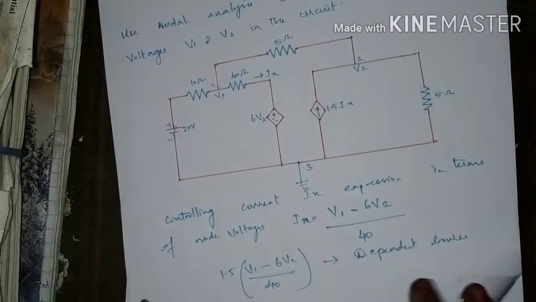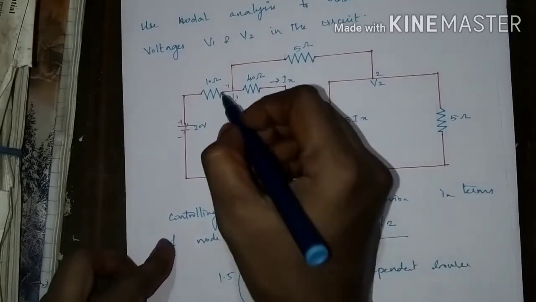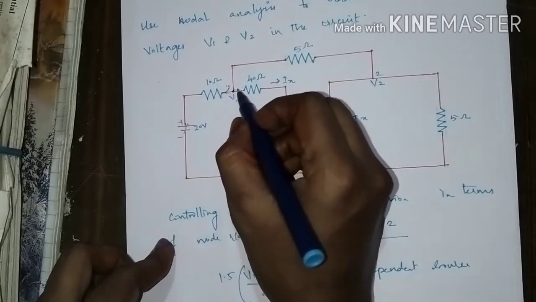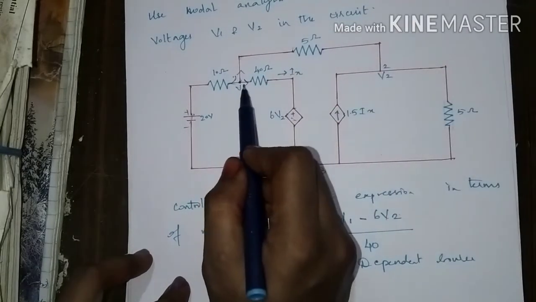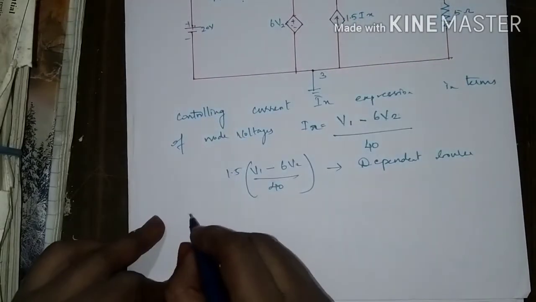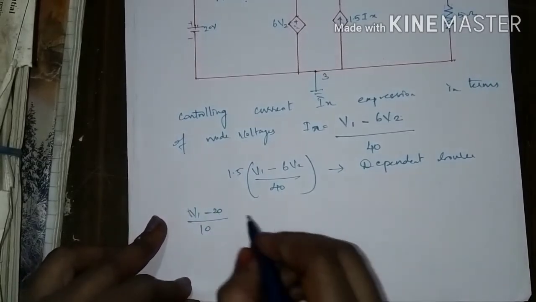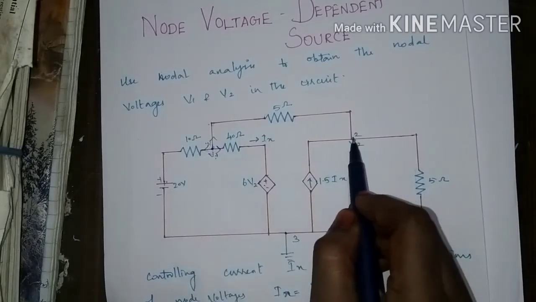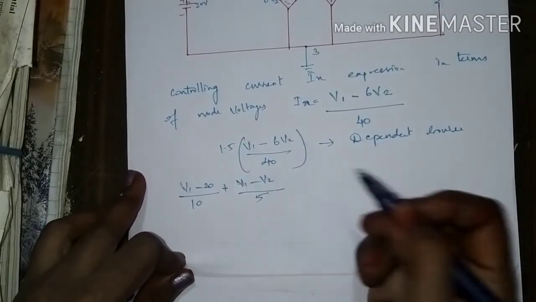Now we can apply KCL in each node. If we apply KCL in the first node, assume this node is at higher potential, so the current will be leaving this node. The voltage at the first node is V1. So the first current is V1 minus 20 divided by 10, plus the current leaving this branch, V1 minus V2 divided by 5.